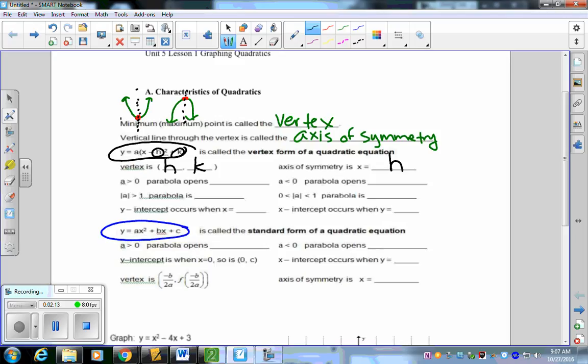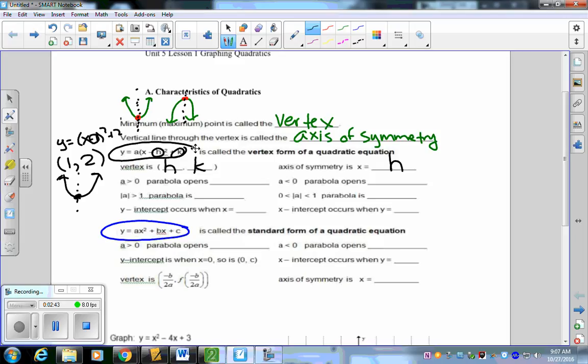Because once again, if you're given y equals, and we'll make it basic, (x minus 1) squared plus 2, we know that the opposite of negative 1, just the 1, is your h. You move to the right 1 and then up 2. So your axis of symmetry is at this line because that is the lowest point. It's over here at (1, 2). So your axis of symmetry is x equals that x value, that h.